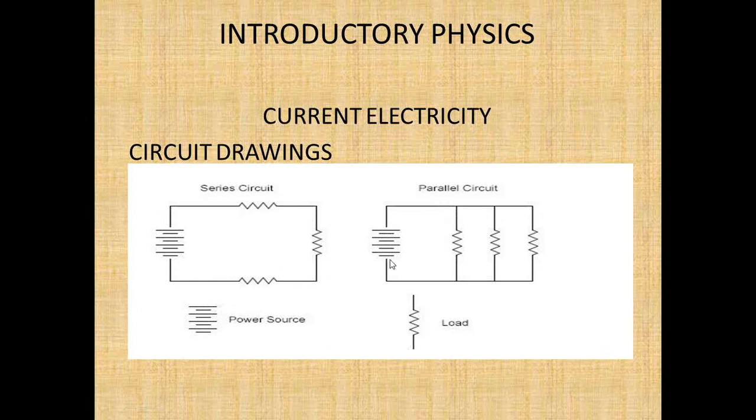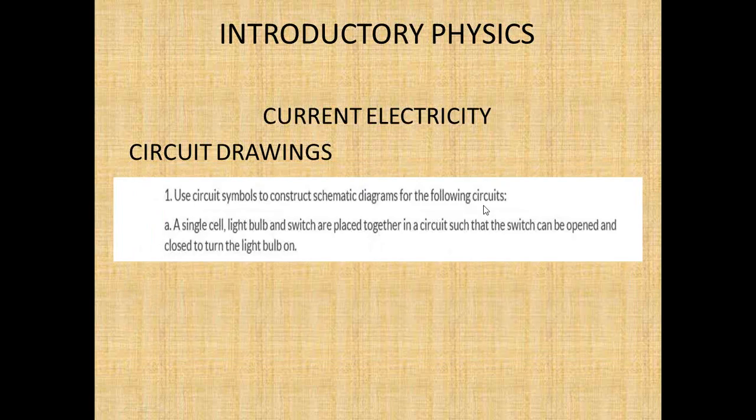You have the same power supply, but instead of all the devices in the same path, they're separated. So when the current comes here, some go down here, some go here, and some go there. This is what we call a parallel circuit, as opposed to a series circuit.